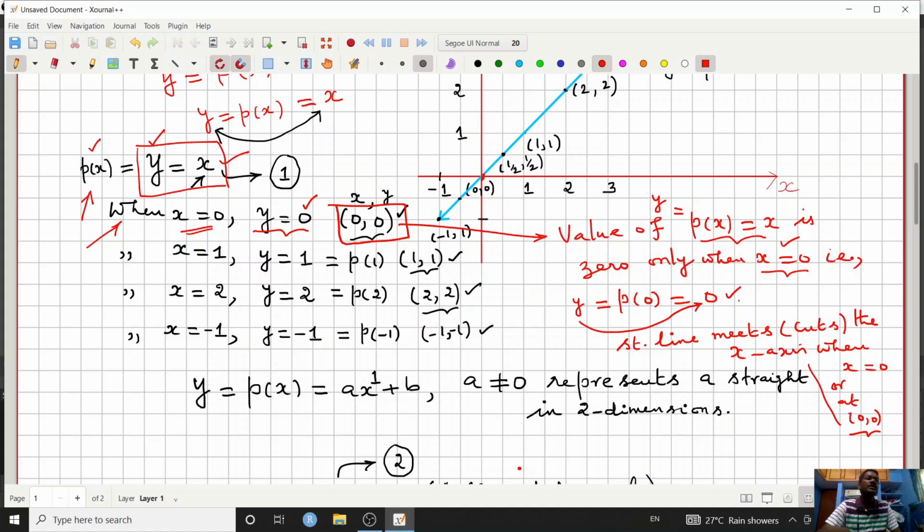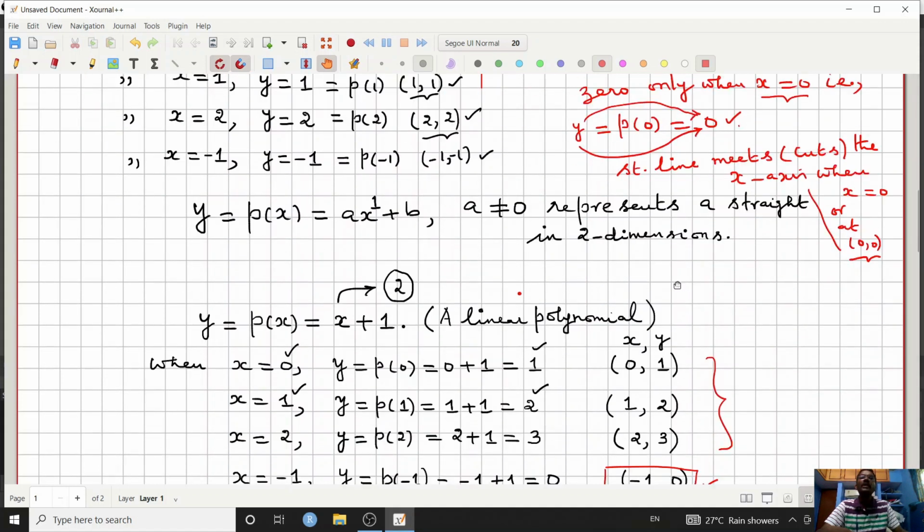That means when x is equal to 0, y also becomes 0. So this is the point 0, 0, where the polynomial meets the x-axis. This is the diagrammatic representation of the linear polynomial, namely the straight line, cutting the x-axis.